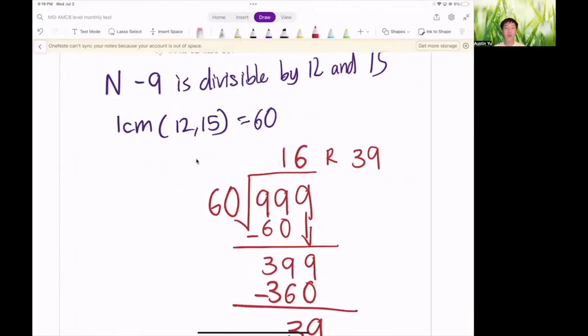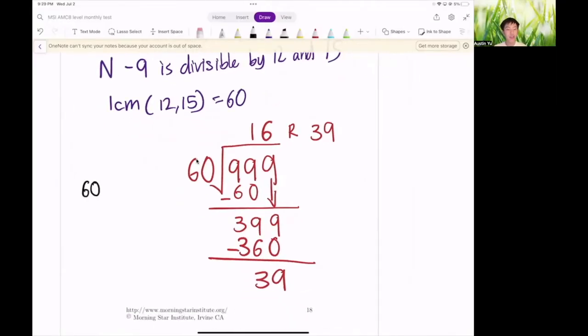And then the admissible numbers should run as follows. 60 times 2, right? Because 60 by itself is a two-digit number. So we have to multiply by 2 to get a multiple of 60. That gives us 120. But we have to add 9, right? Because the remainder of 9 equals 129.